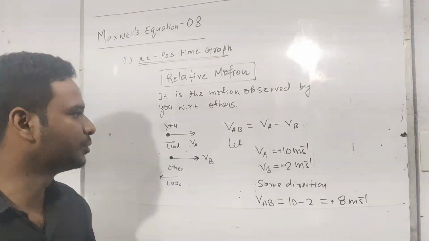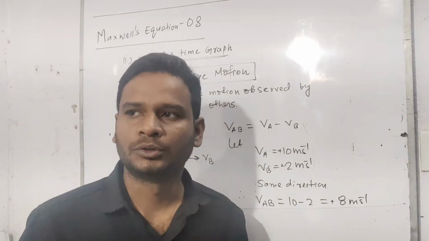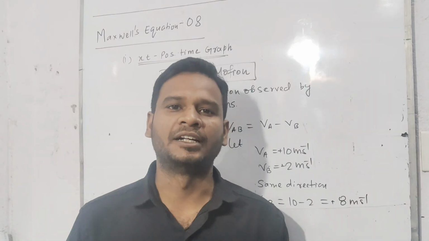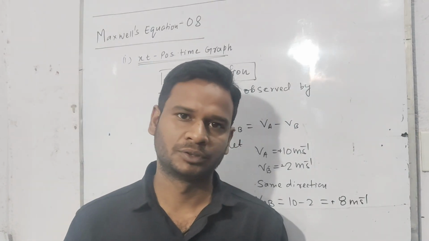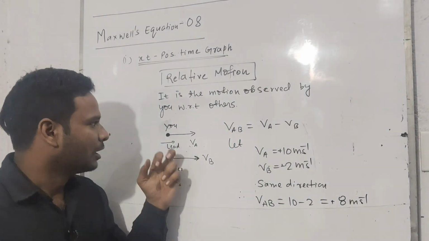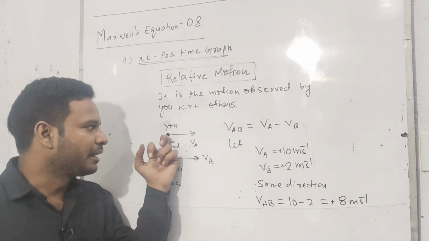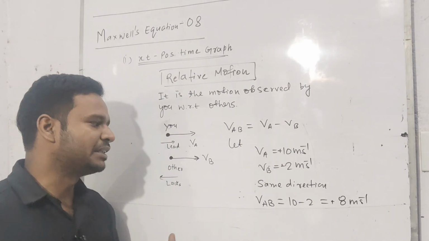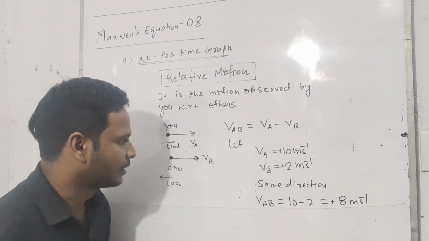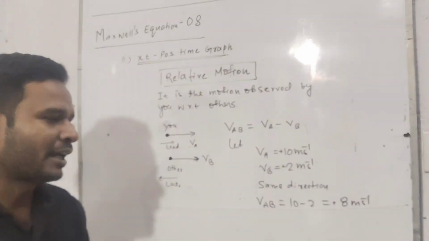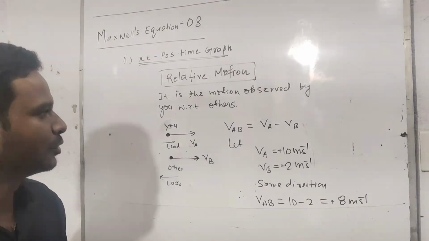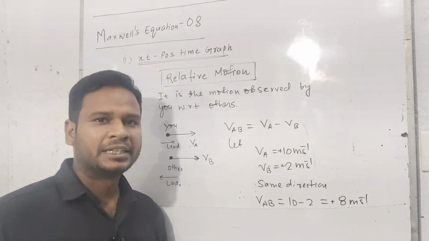Because you cannot observe yourself moving, what you can observe is the other thing moving relative to you. When you compare your motion with respect to B, you can only see what B is doing. So to describe what B is doing with respect to you, we define relative motion.